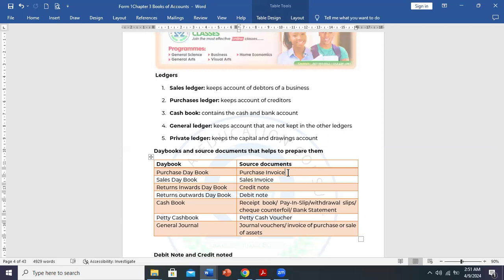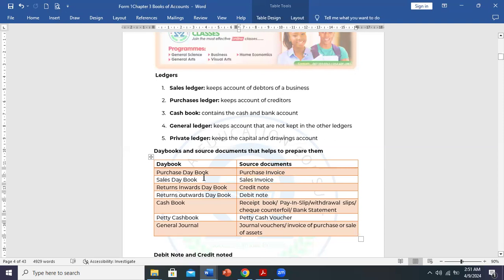It's just a document that has the name of the business doing the selling, maybe address, contact numbers, and most importantly, the item you are buying, the price, the quantity, and the total cost involved. That is basically an invoice. So for the purchase day book, you pick your information from a source document called the purchase invoice.